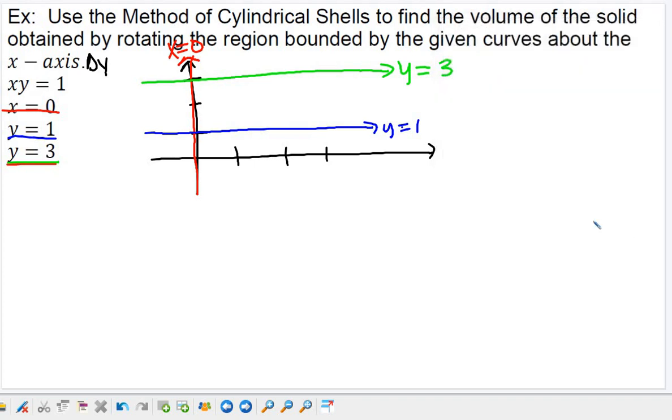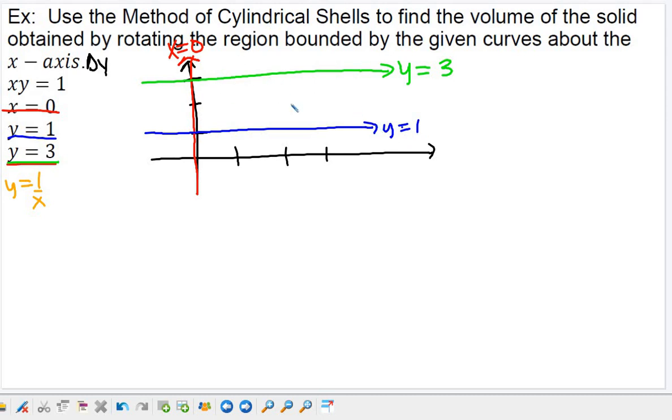Okay, so then we have x times y is equal to 1. So if I want this in terms of y, you're probably more familiar with graphing it in terms of x. So you can graph it in terms of x, it makes no difference. So we have y is equal to 1 over x, which is that inverse graph.